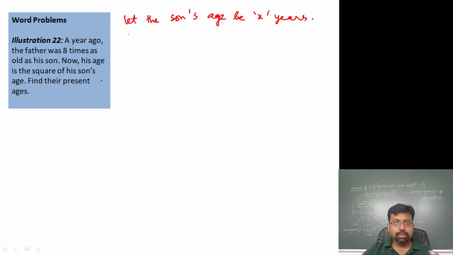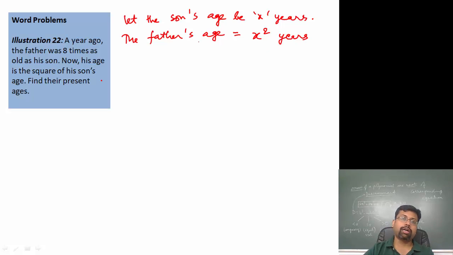That's why I have assumed the son's age to be x years and the father's age is equal to, now his age, that is the father's age, is square of his son's age. So this is what the present ages of father and son are.